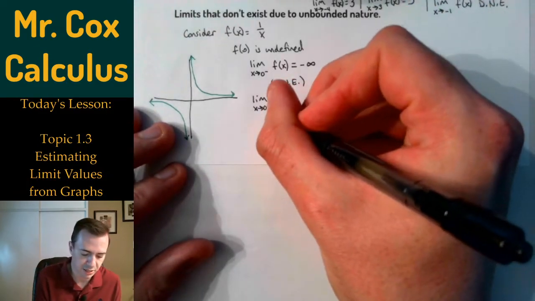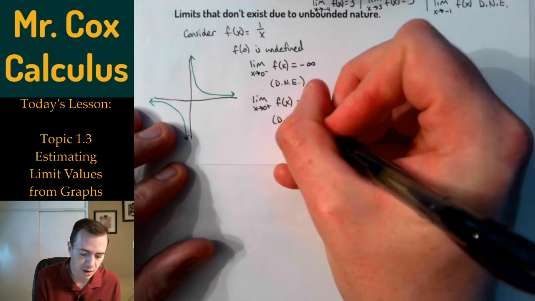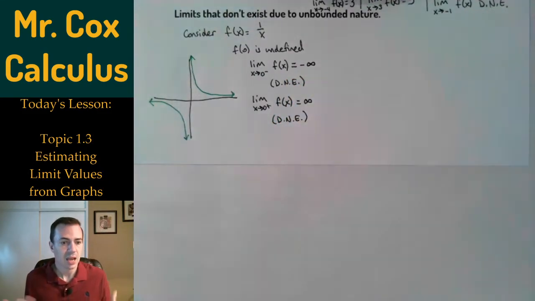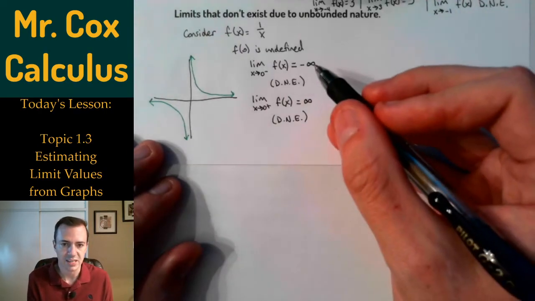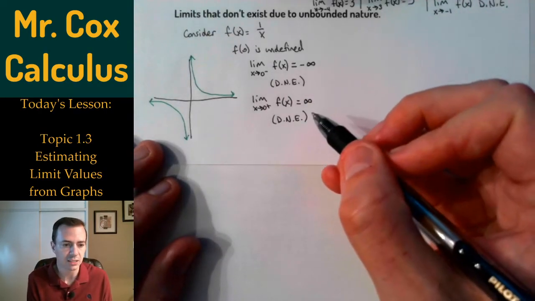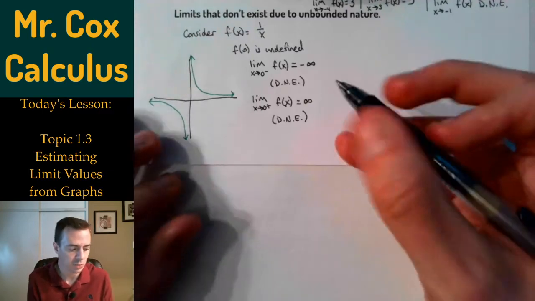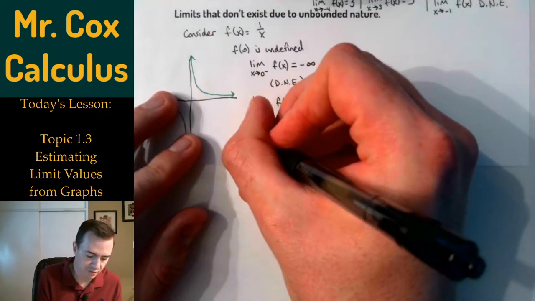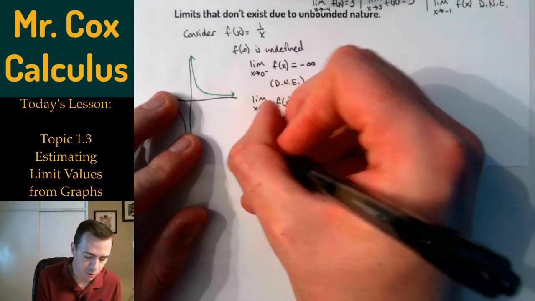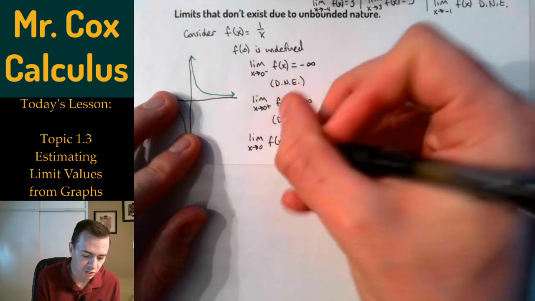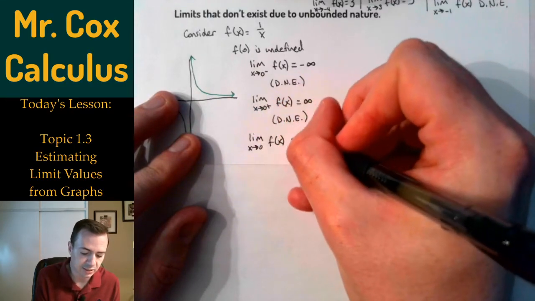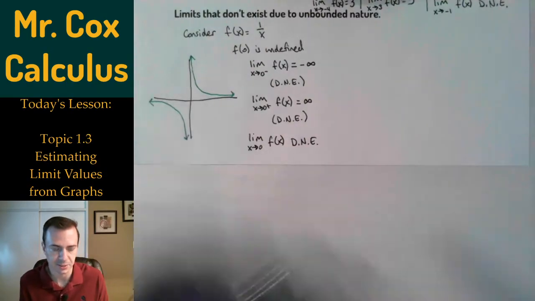The limit still does not exist. And we'll be able to apply that definition of one-sided limits. We're going to negative infinity from the left, positive infinity from the right. They clearly don't match. And so we can state very plainly the limit as x approaches 0 of this function f of x does not exist.